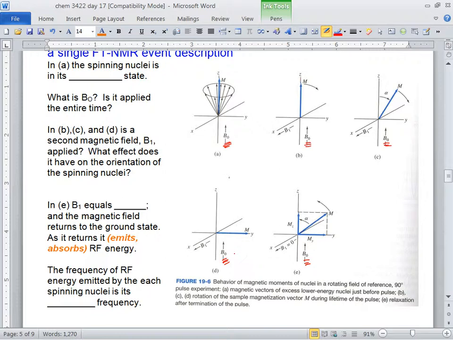So they're all like that in A, right? What do these arrows represent again? What does one of these arrows represent? Magnitude of what? Talking about one of these. This is angular momentum. If you don't worry about that, that's too much information.